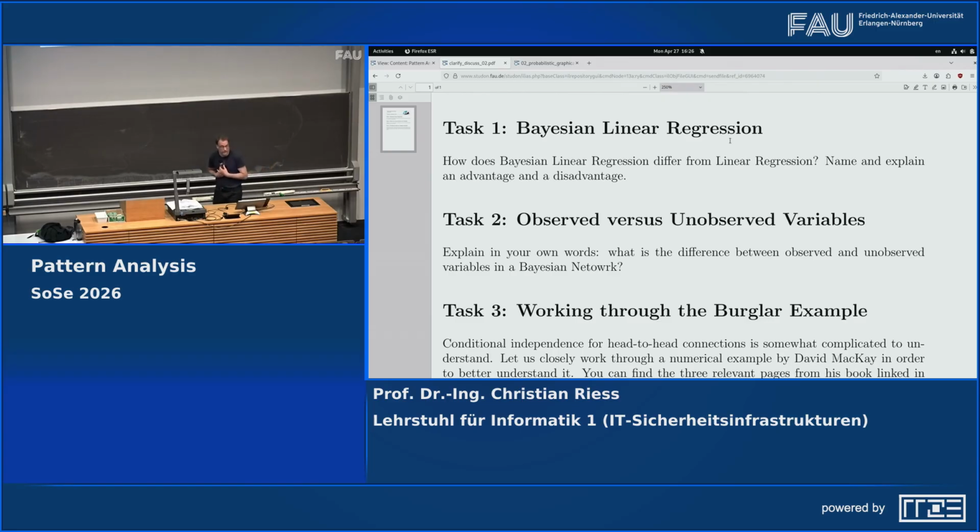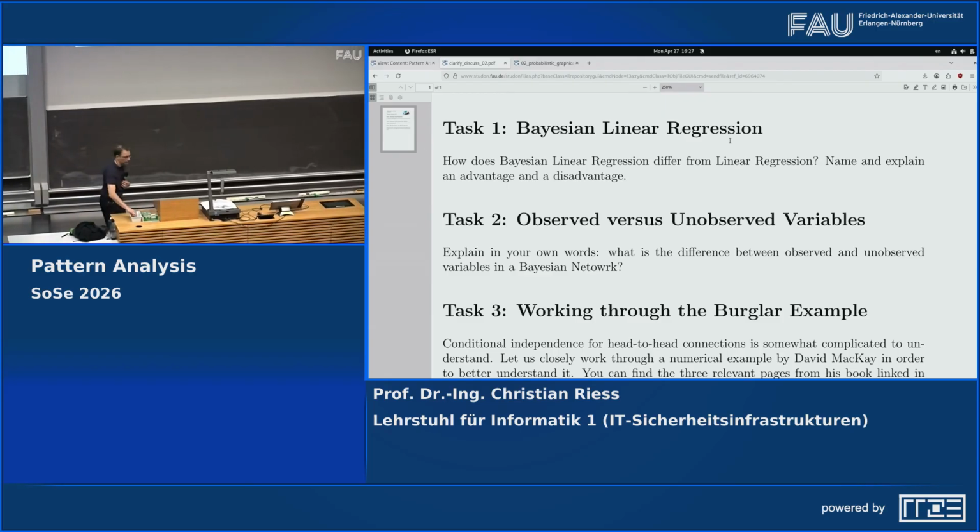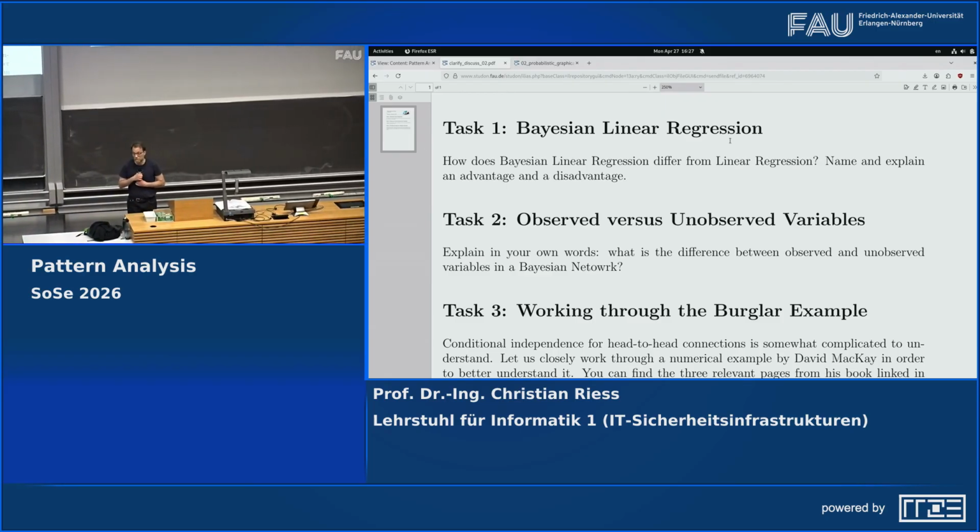What can be an advantage associated with it, what can be a disadvantage associated with it? I'm also mentioning it in the video, but mostly I want to talk about this associated graphical model. The Bayesian linear regression is just a vehicle of having a slightly more complex model with a couple more variables associated. So let's collect a couple of pieces of information.